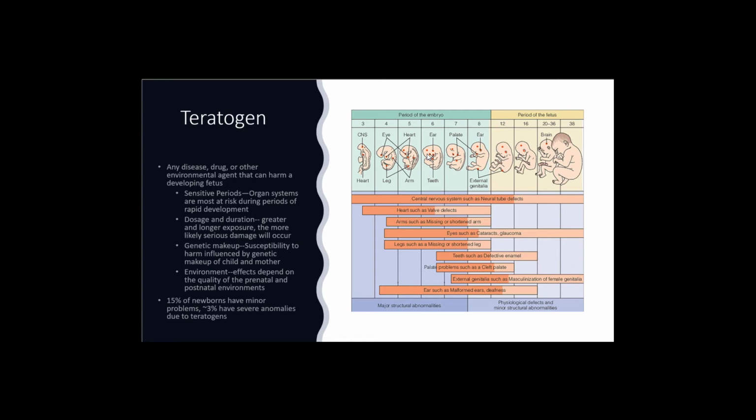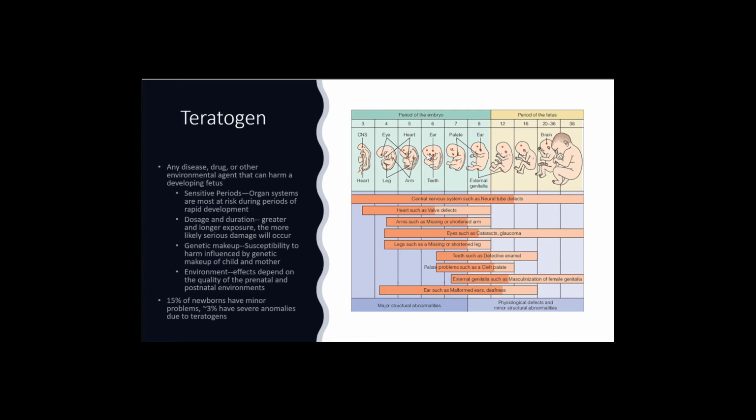Doses and duration: the greater and longer the exposure, the more likely serious damage will occur. Pretty straightforward. The longer a teratogen is present and the higher the amount of it, the more dangerous it is for a developing fetus. Genetic makeup: susceptibility to harm is influenced by the genetic makeup of the child and mother. Some fetuses are genetically at risk for being born blind, or something along those lines.